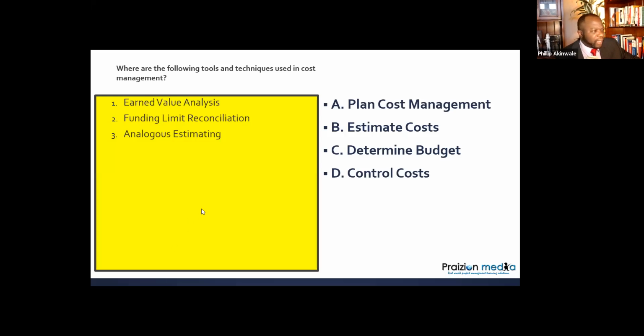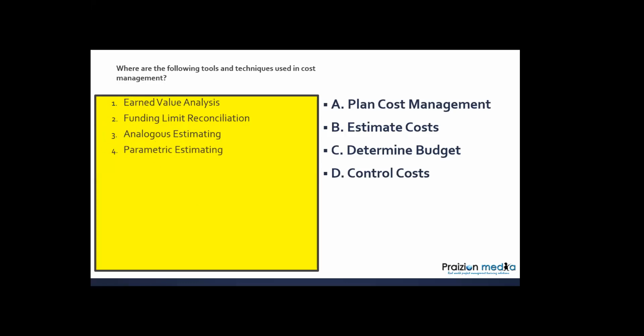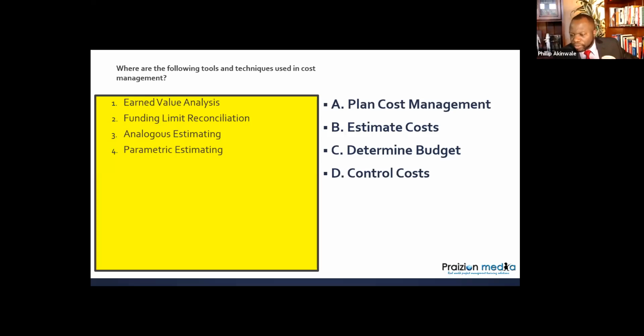And the next thing we have is parametric estimating. Three, two, and one. Let's end the poll, share the results. And it seems like everyone who voted got this one right as well. It is estimate costs again. Let's relaunch. Let's go for our next round.